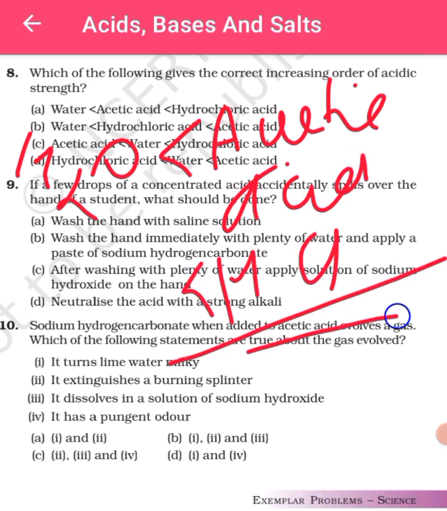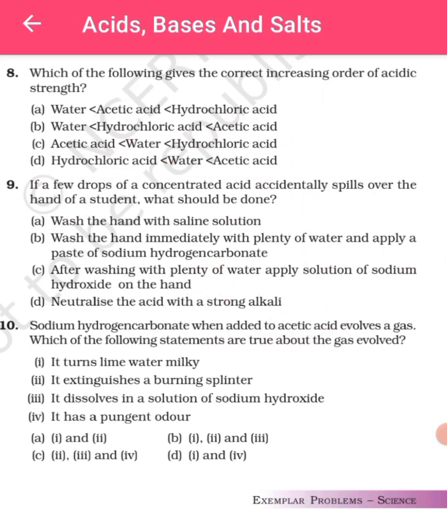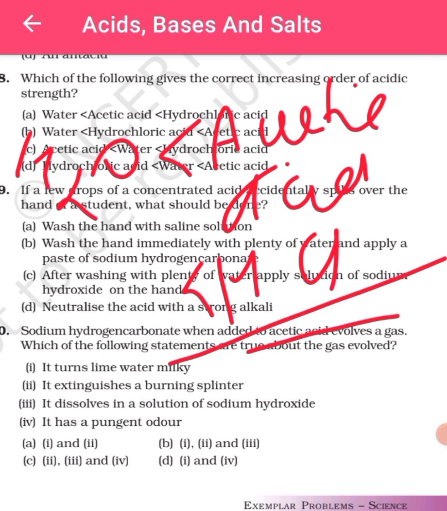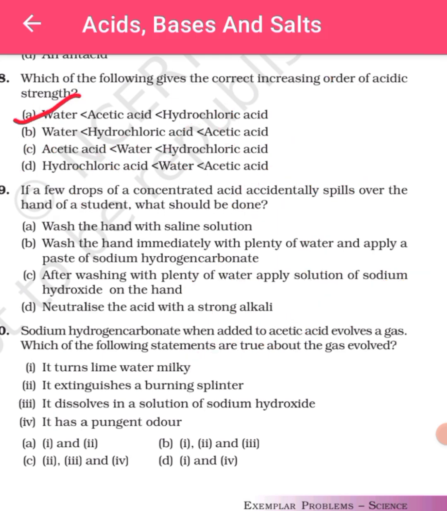This is our answer as per the increasing order of acidic strength. So the answer is option number A.